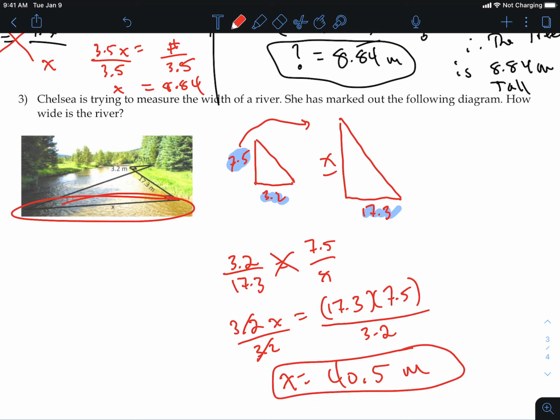Okay. If you wanted to do the scale factor way, you know that the one on the right's bigger, so you could go, okay, well, what's my scale factor? Well, we could go 17.3 divided by 3.2. That's going to give me a number, specifically 55.36. That's your scale factor.